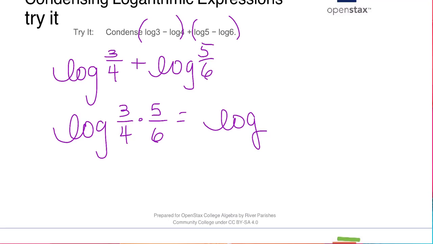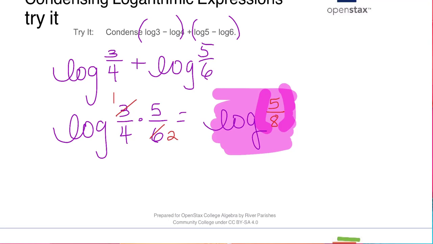The other way you could do it is you could cross cancel. 3 goes into itself once and 6 twice. So on top, 1 times 5 would be 5, and 4 times 2 on bottom would be 8. So either way, you would get log base 10 of 5 over 8. You could write it in parentheses like that.